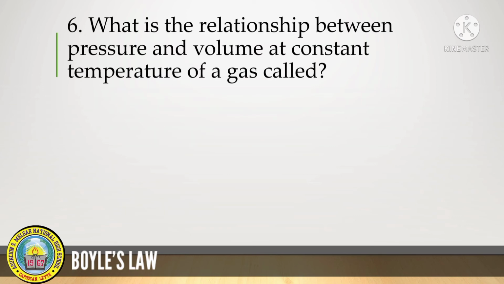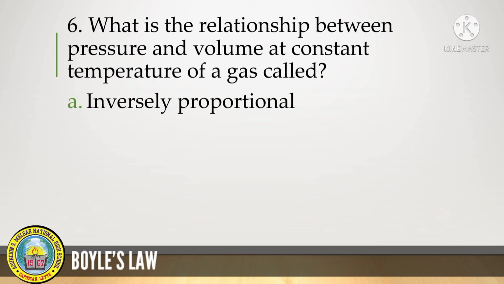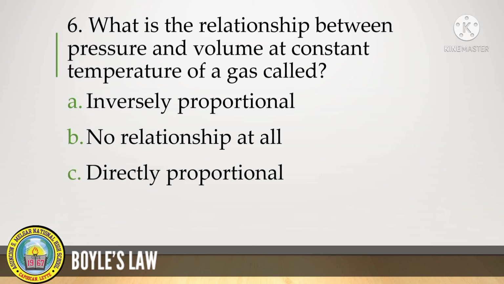Question number 6. What is the relationship between pressure and volume at constant temperature of the gas called? A. Inversely proportional, B. No relationship at all, C. Directly proportional, or letter D. None of the above?